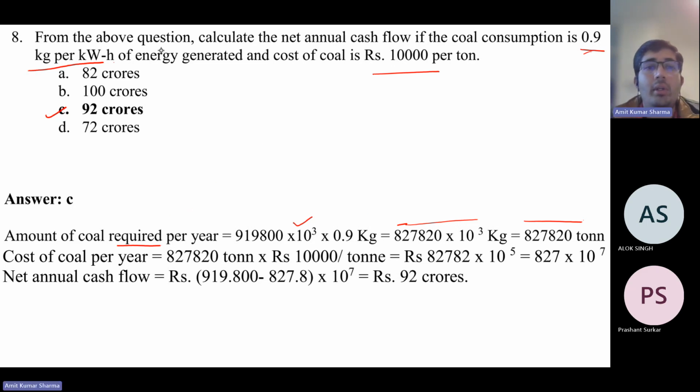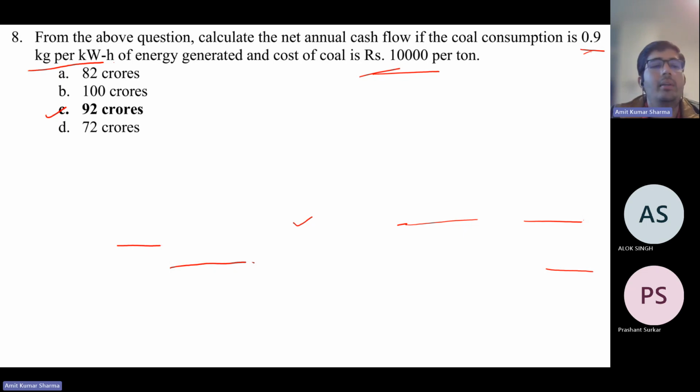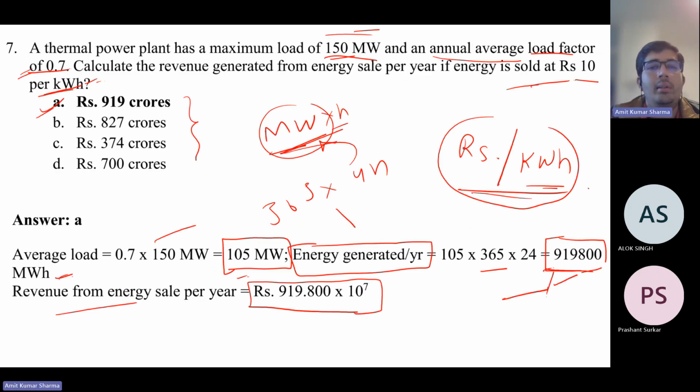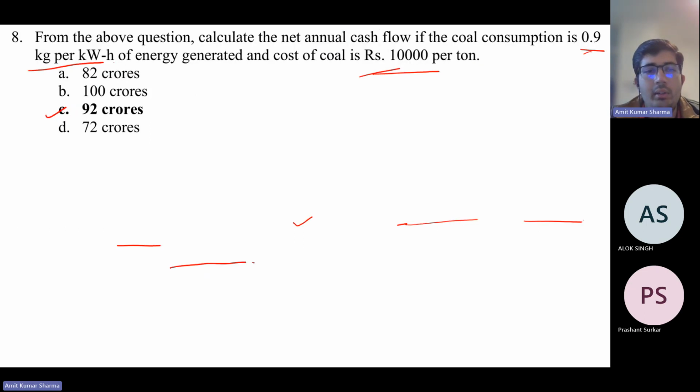Now you know the cost of coal is 10,000 per ton. So multiply this amount of coal in ton by 10,000 per ton. The answer will be in rupees. It will be 827 into 10 to the power 7 rupees. From the previous question we know that the revenue is 919.800 multiplied by 10 to the power 7.